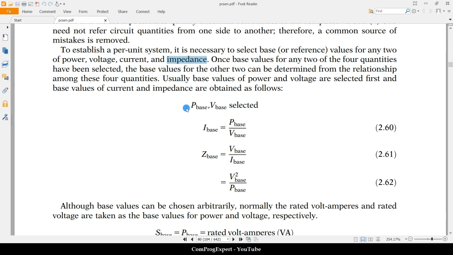Yes, because we have these two relationships, and when we set the base value for two of these variables, we can calculate base values for the other two variables. So usually base values of power and voltage are selected first, and base values of current and impedance are obtained as follows.